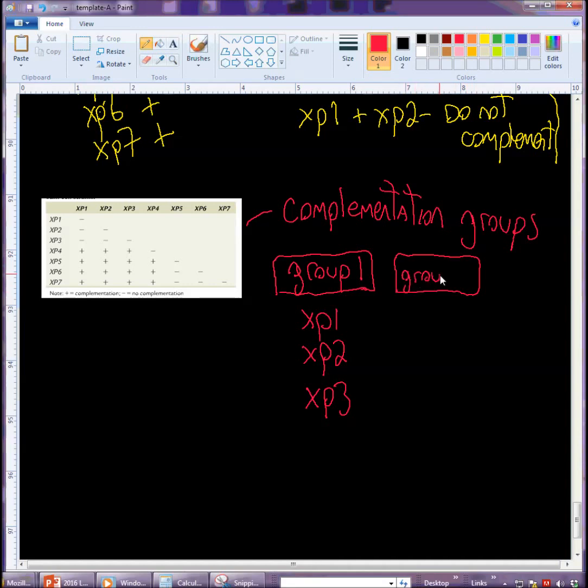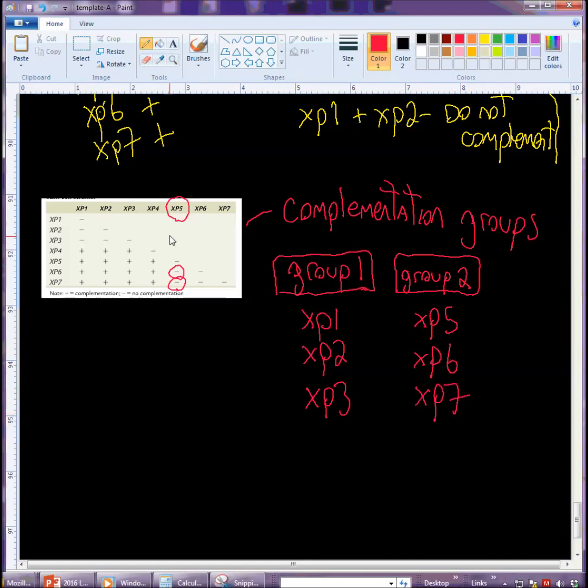So let's take another group here. Let's go with group 2. Let's look at 5, 6, and 7. So 5, 6, and 7 do not complement. So if we make a heterokaryon between XP5 and XP6, they do not complement unscheduled DNA synthesis. XP5 and XP7 also do not complement. So we know XP5, XP6, and XP7 are all in group 2.